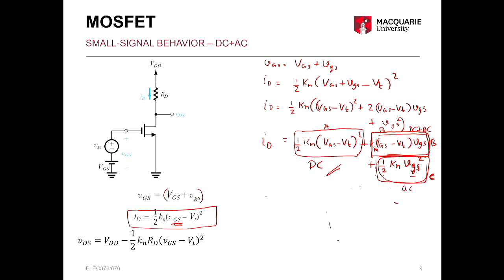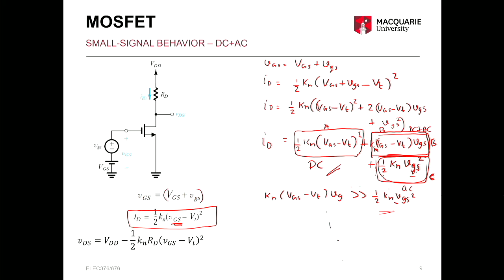If the condition is Kn (VGS minus VT) vgs is much greater than half Kn vgs square, that will mean that we can ignore this term, right?